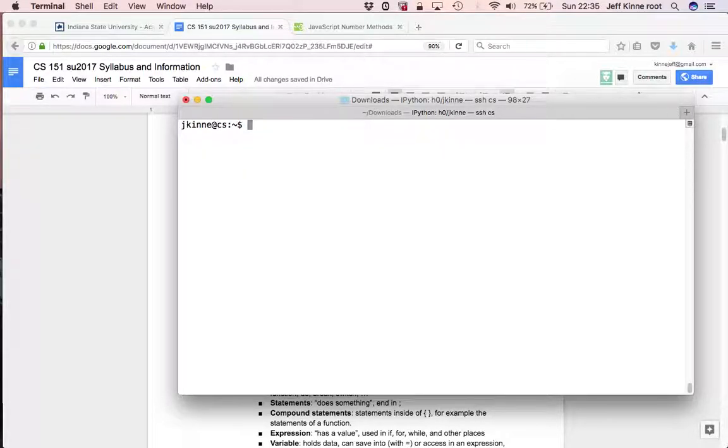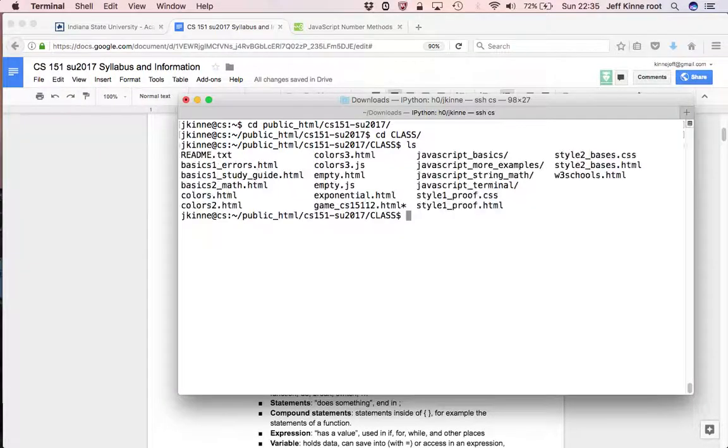So first of all, let's make a directory JavaScript math. We already have a directory for string and math. Yes, we'll go in there.